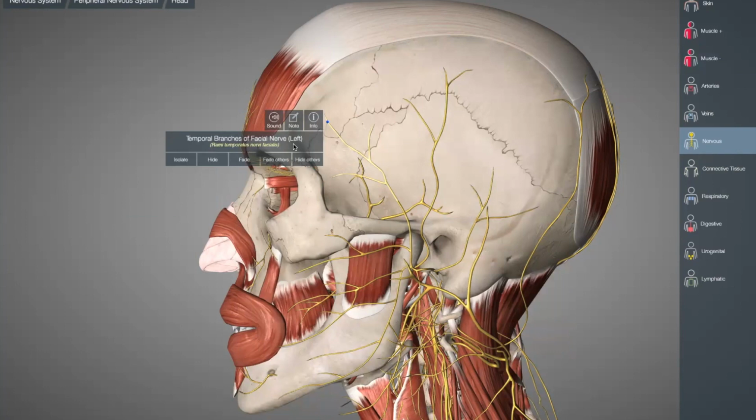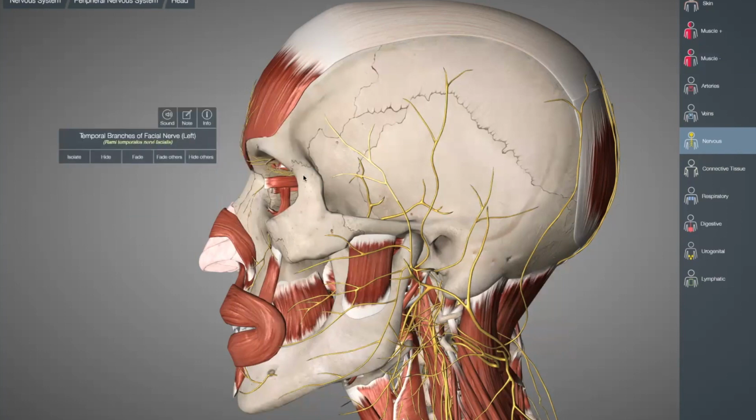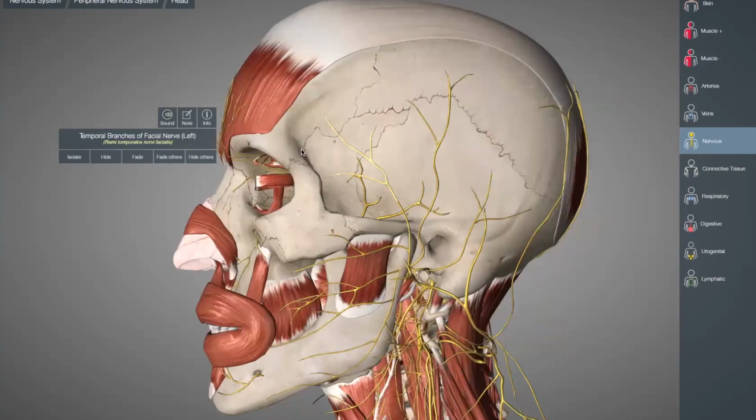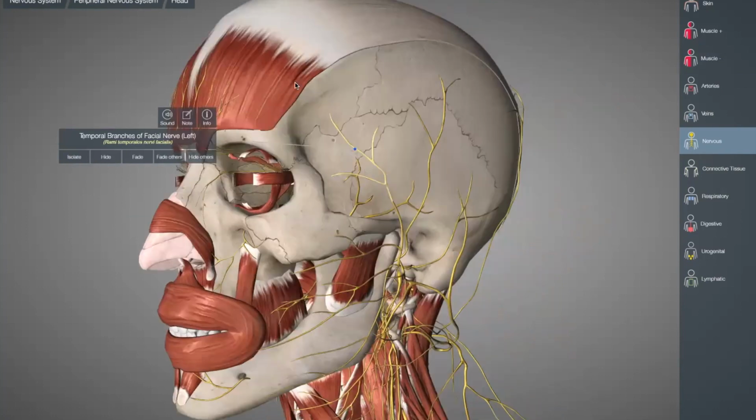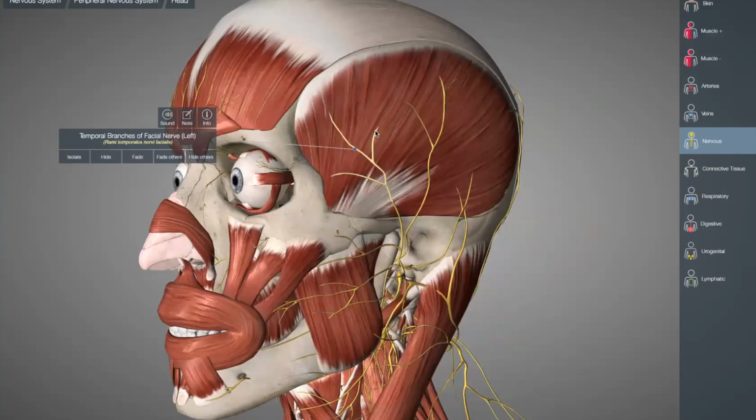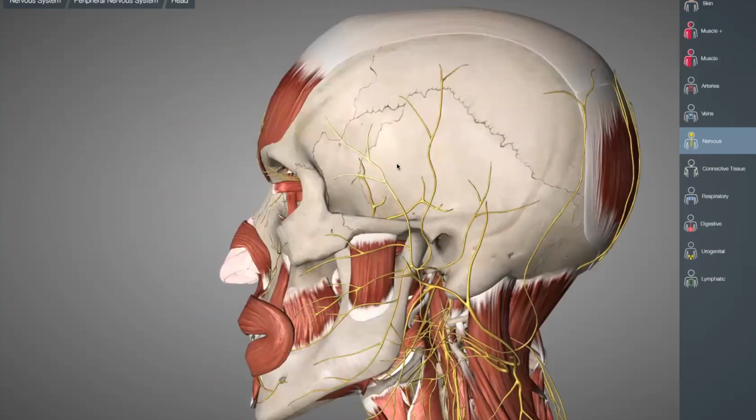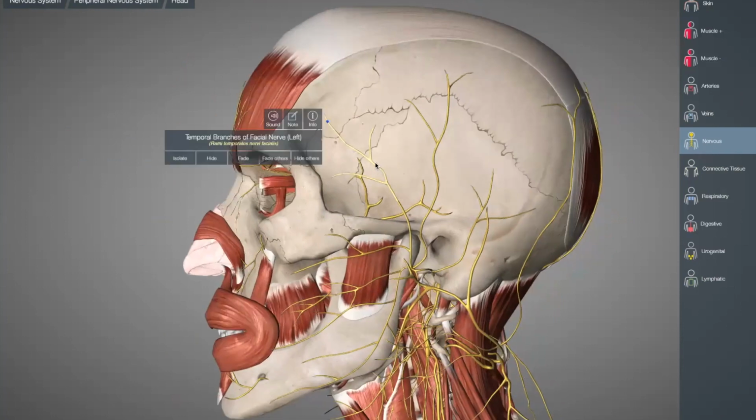The superficial part of the facial nerve goes to the facial muscles, and it is divided into five parts. Temporal branches of the facial nerve innervate muscles near the temporal area. An example is the temporalis muscle here. You see this muscle? It's innervated by the temporal branch of the facial nerve.